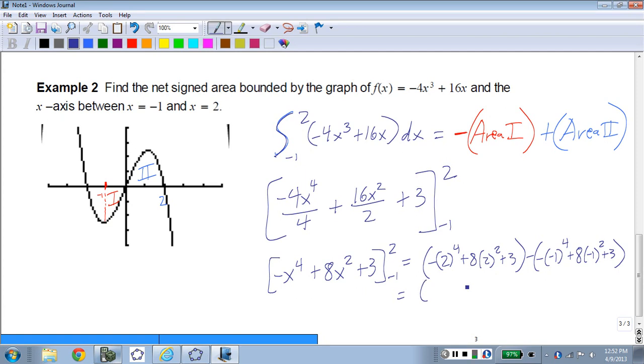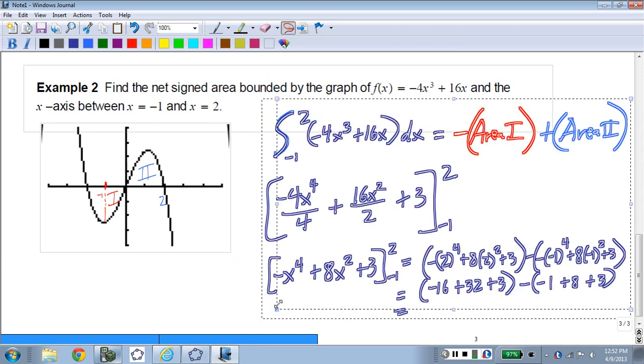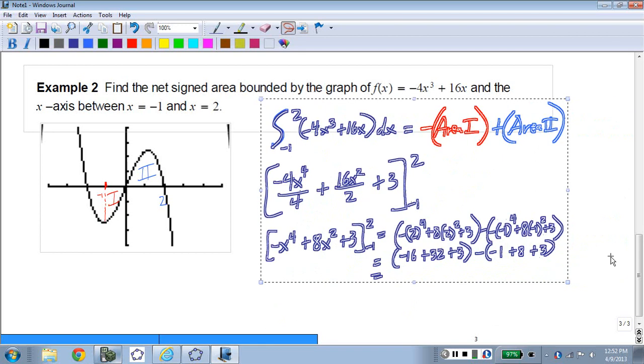We're going to get negative 16 plus whatever 8 times 4 is, that's got to be 32, plus 3, minus the opposite of 1 plus 8 plus 3. If I write out all these terms, is it so far so good, or is there an issue?